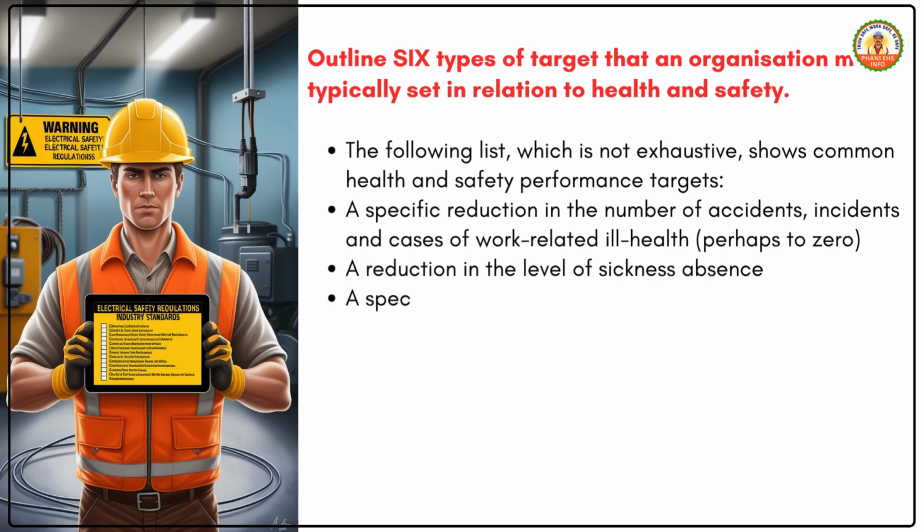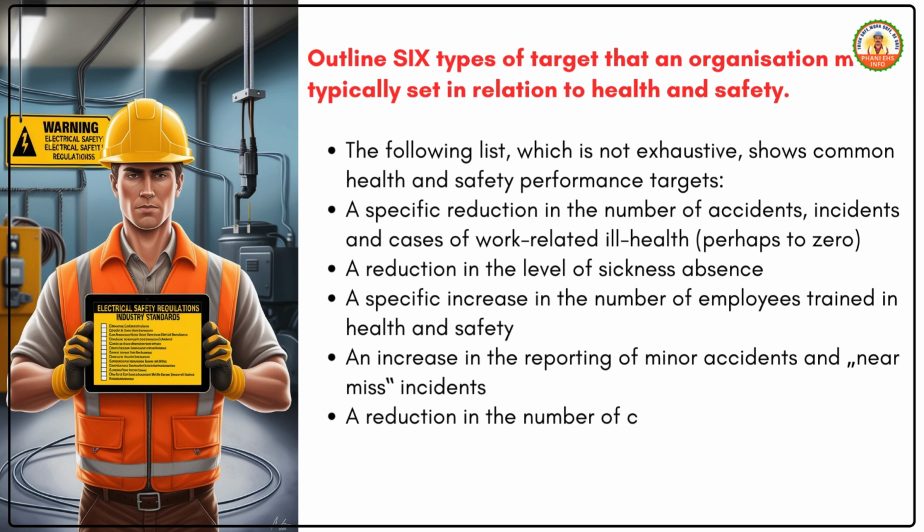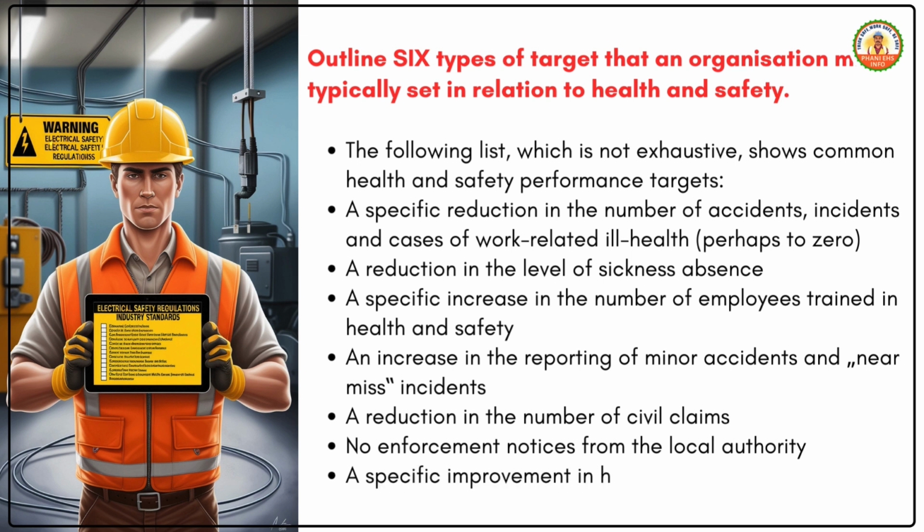A specific increase in the number of employees trained in health and safety. An increase in the reporting of minor accidents and near-miss incidents. A reduction in the number of civil claims. No enforcement notices from the local authority. A specific improvement in health and safety audit scores.